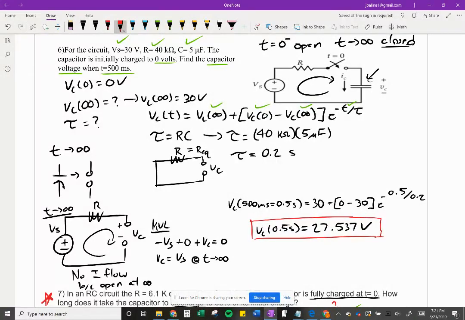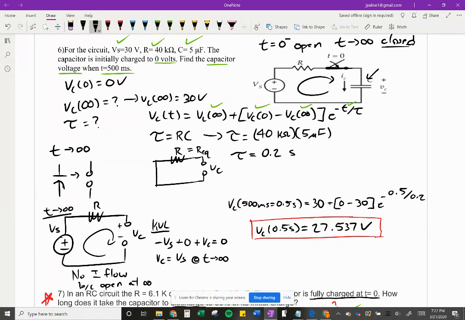But then at time going to infinity, it flips down and goes into closed, which is what we had here. So if we closed it, we'll let that run to infinity.